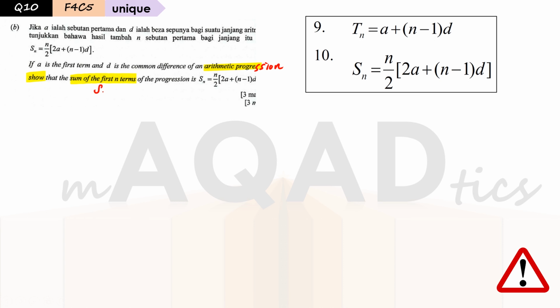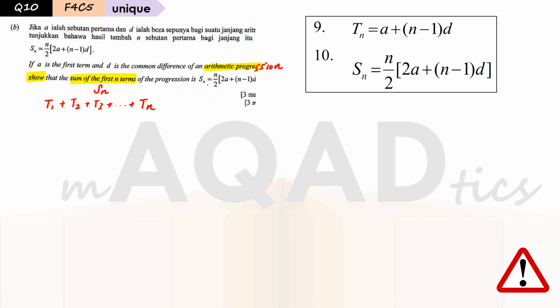Sn is the sum of the first n terms, so we need to find out the sum of t1 plus t2 plus t3 until the last term, which is n. If there are first n terms, the last term will be the nth term.